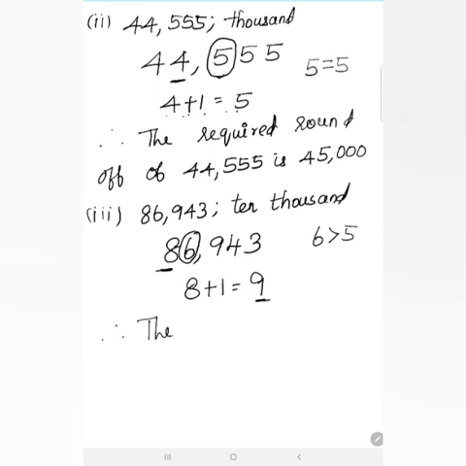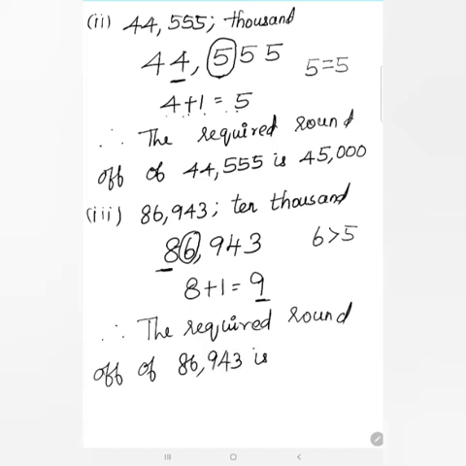Therefore, the required round off of 86,945 is 90,000. Okay.